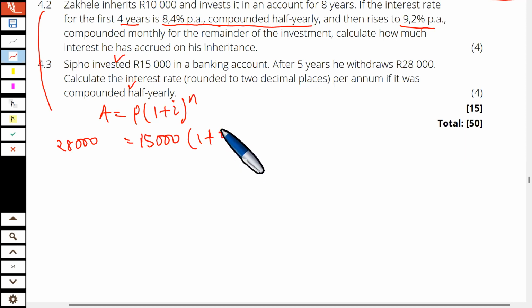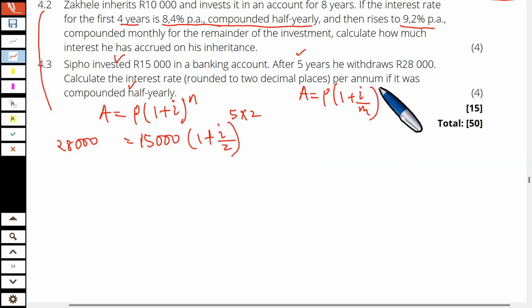If it's compounded half yearly, you can just say it's 2 times a year, but it's 5 years times 2. So use the formula A equals P into 1 plus i over m raised to the power mn, or nm, doesn't matter. Multiplication is commutative, but it's popular to write it like this.